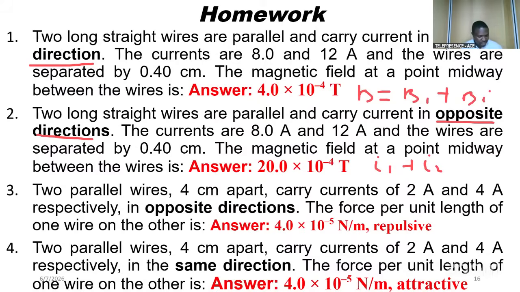The third one is very, very simple. You are to determine the force. You remember the formula there. The two currents will appear there, multiply them, and you will get the correct answer. Okay, let's continue.